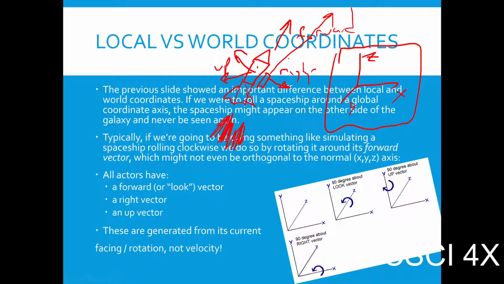So there's the world coordinates, where you've got X and Y and Z, and the world origin, and then you've got the local coordinate system, which is based on the direction your object is looking. For example, you've got a demon with some demon horns here, demon legs, and the demon is looking this way.